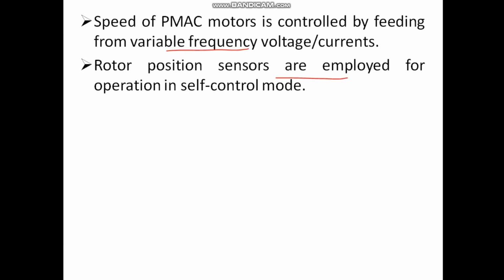So the self-controlled variable drives employing a trapezoidal PMAC are nowadays called brushless DC motor drives, or the trapezoidal PMAC motor drives, right? I hope up till here it is clear, right?